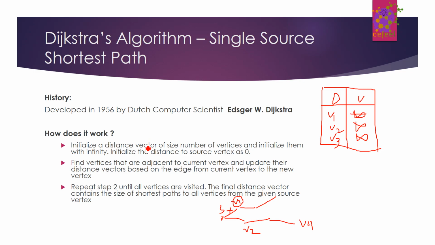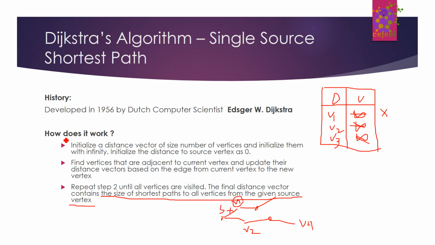So 0 plus x is x, and since x is less than infinity, it will update v1 to x. Similarly, it explores the other vertices and updates the distance vector, and finally at the end, the final distance vector will contain the sizes of all shortest paths from the given source vertex.